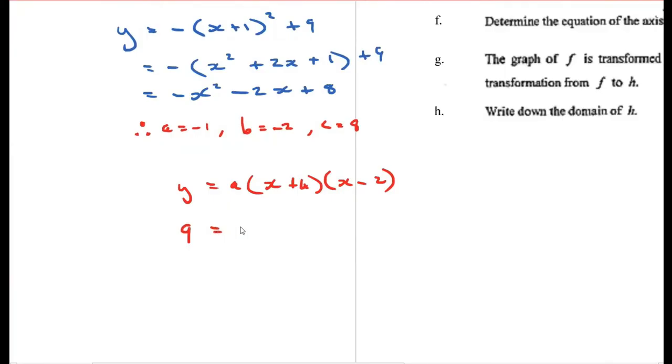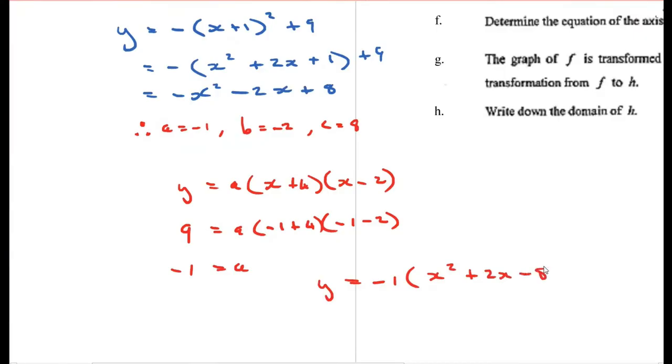So y is 9 when x is -1. Solving, -1 equals a. Same story. y will now equal -(x plus 4)(x minus 2). Distribute the brackets: x squared plus 2x minus 8. Bring the negative back in, and there you go. So whether you had used x-cuts or the turning point, it's the same.